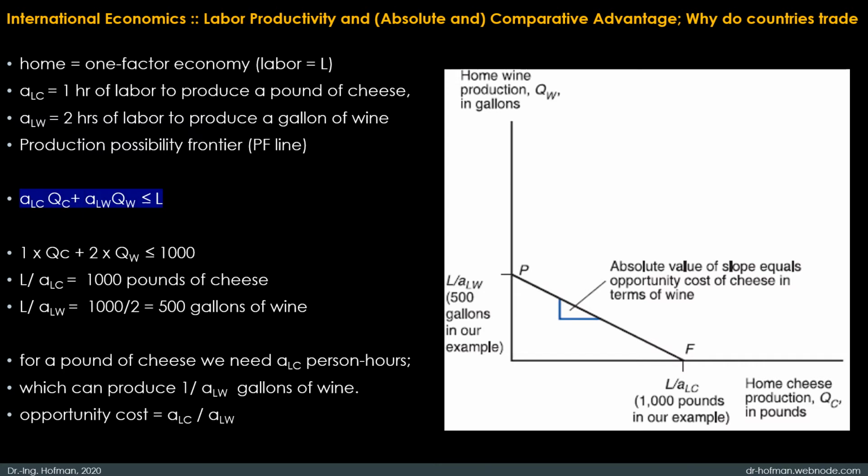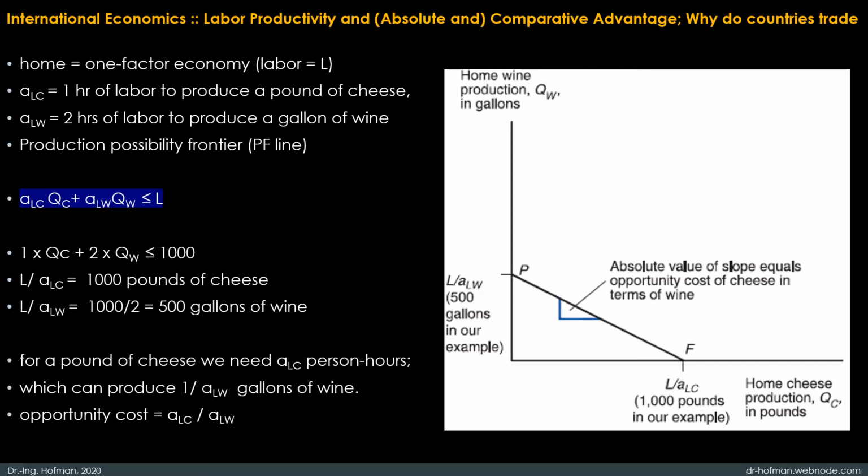Because any economy has limited resources, there are limits on what it can produce, and there are always trade-offs. To produce more of one good, the economy must sacrifice some production of another good.